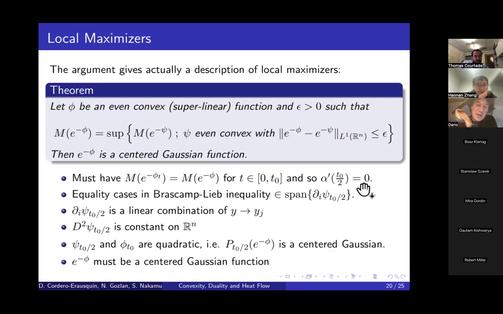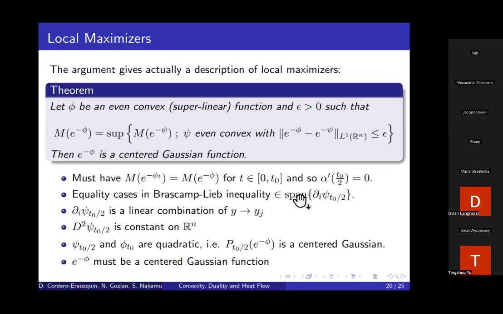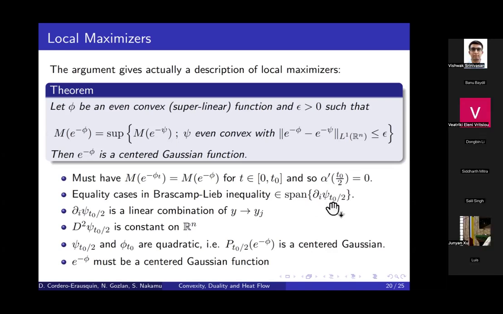So this means that I must have equality in the Brascamp-Lieb inequality. And the cases of equality in the Brascamp-Lieb inequality are well known. These are just the span of the partial derivatives of psi, right? So here I want the linear functions to be equality cases.